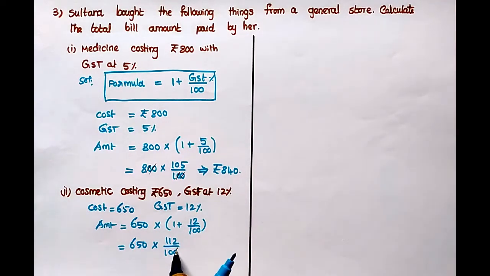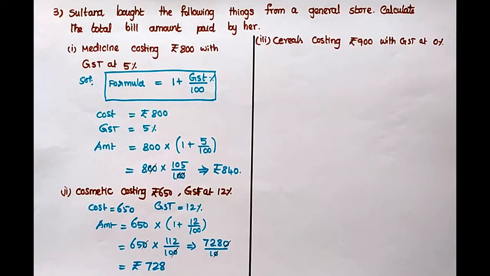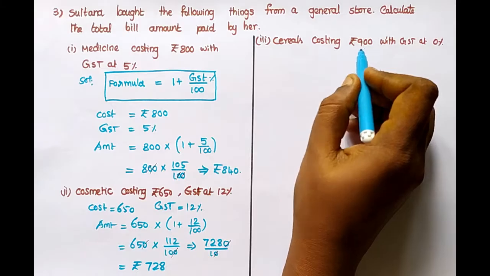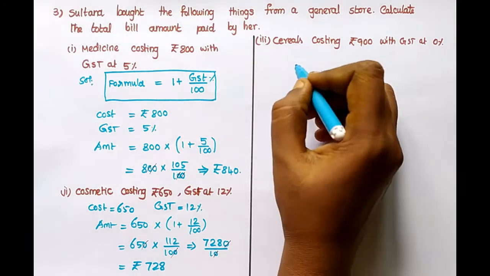Now 0 0 cancelled, so if we multiply 112 into 65 we get 7280 divided by 10. So again 0 0 cancel, so amount equal to rupees 728. Here cost of cereals is 900 rupees.